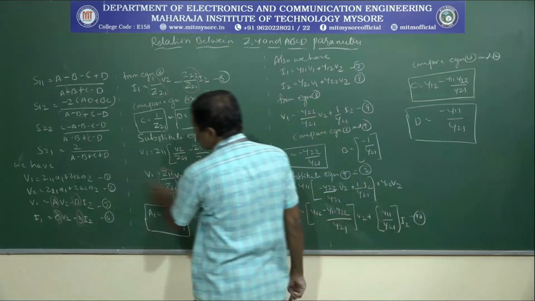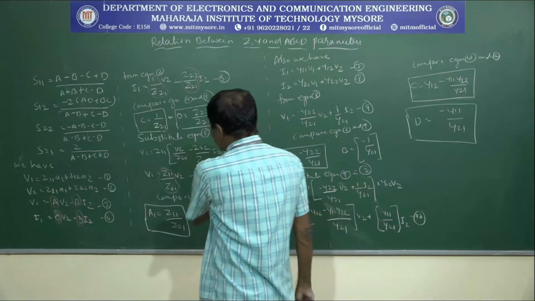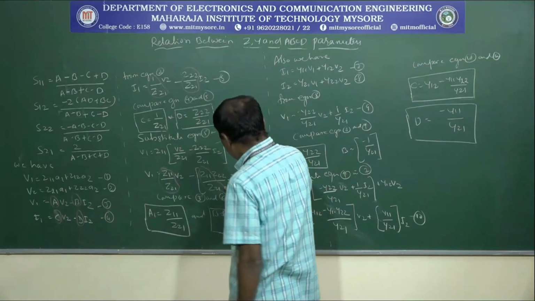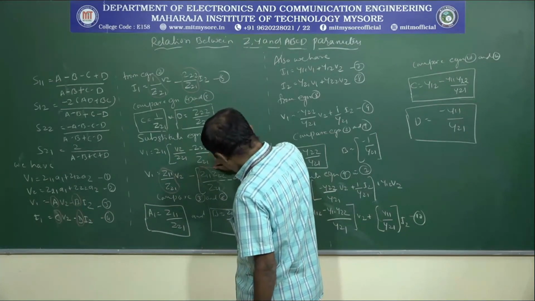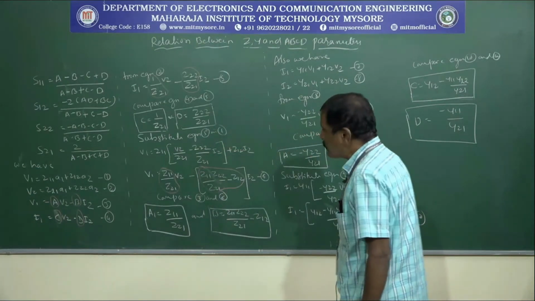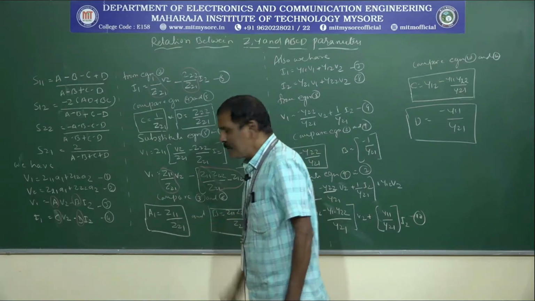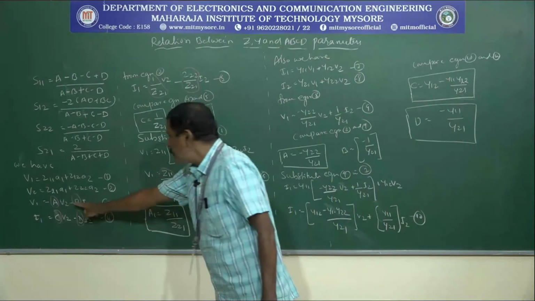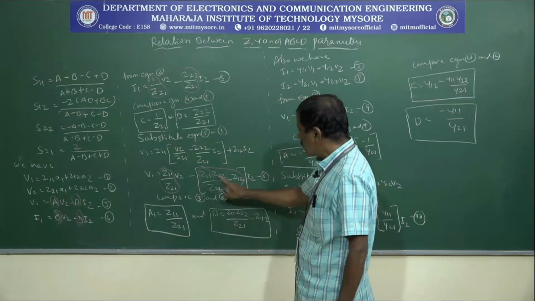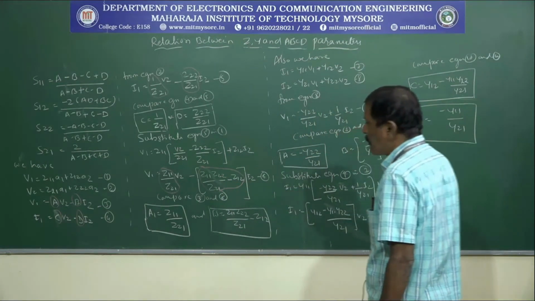And here also V2 is there and here also V2 is there, and here also I2 is there and here also I2 is present. Now therefore I can write A equal to Z11 divided by Z21 and B equal to Z11 Z22 divided by Z21 minus Z12.